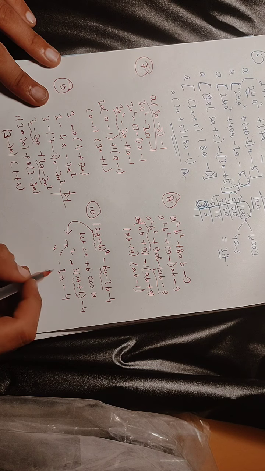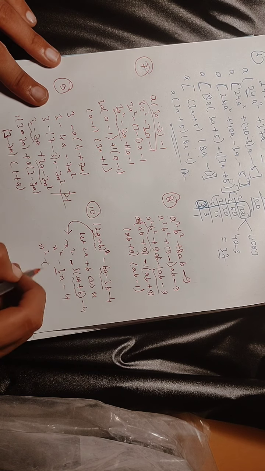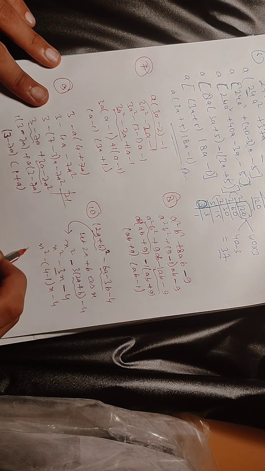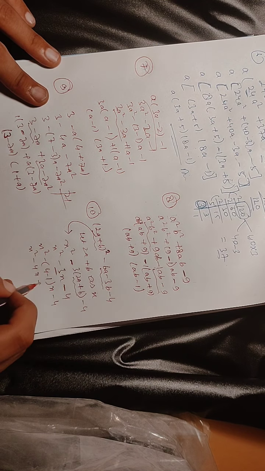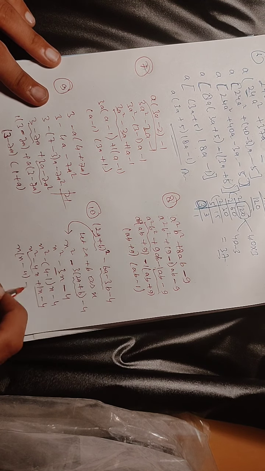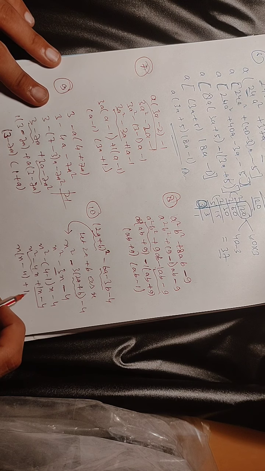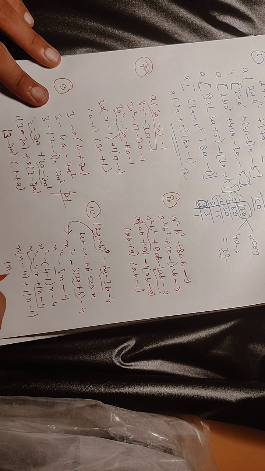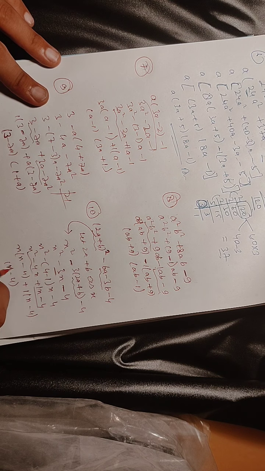Now 4 1s are 4, and 4 minus 1 will be 3, and why minus? Because minus is here. x square minus 4x minus plus 1x minus 4. Again this same grouping method, x minus 4. I am writing this as x into.